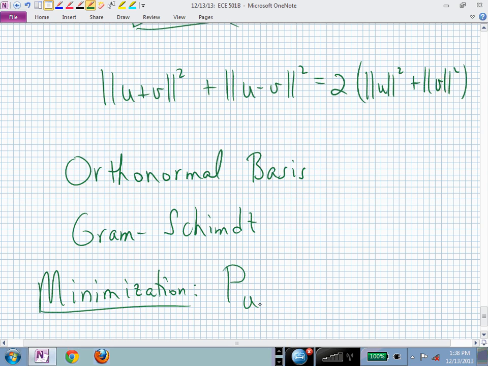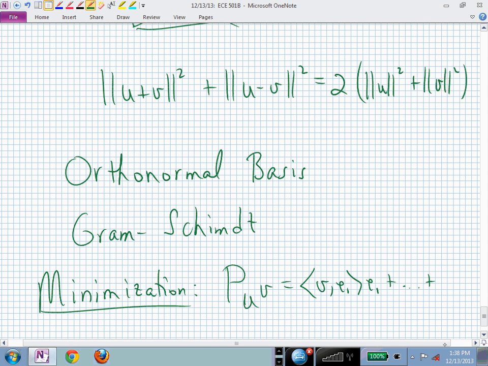And that you could view as some projection of a vector v onto some smaller subspace, capital U, for example, where if e1 through e sub m are orthonormal basis vectors for this subspace U, then we can take the projection of v on each of those orthonormal basis vectors and add them up.